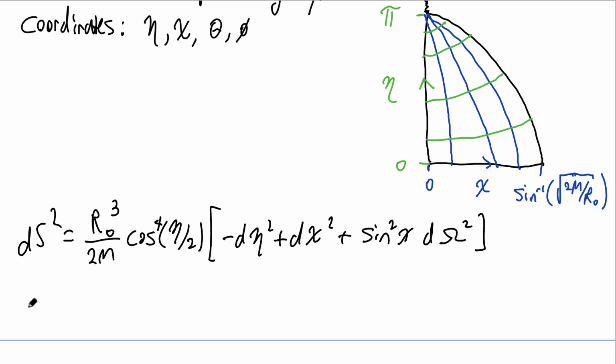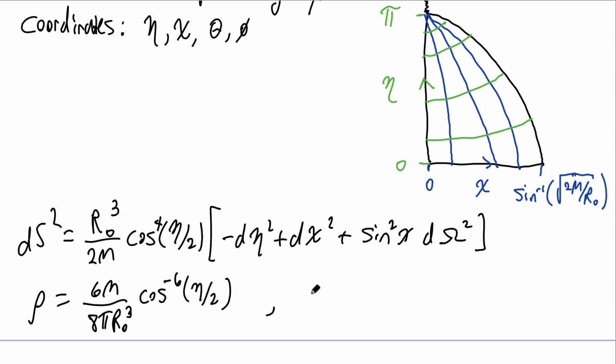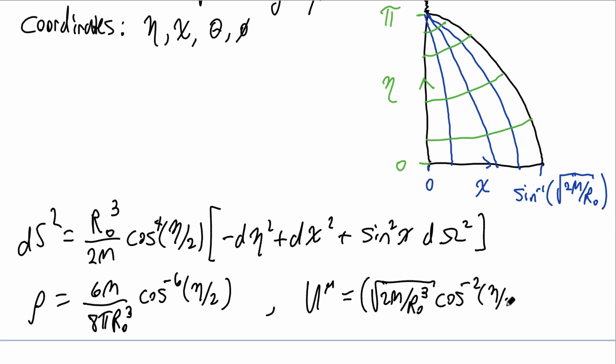And the density of the dust is equal to 6m divided by 8 pi r naught cubed times cosine to the minus 6th power of eta over 2. And the four-velocity of the dust is given by the zero component, or the eta component, is square root of 2m over r naught cubed times cosine to the minus 2 power of eta over 2, and the other components are 0.